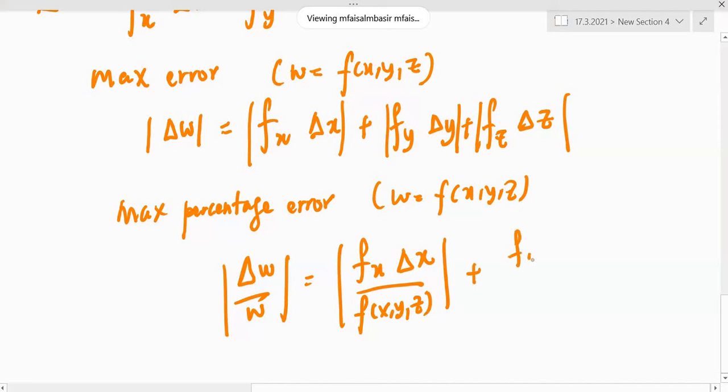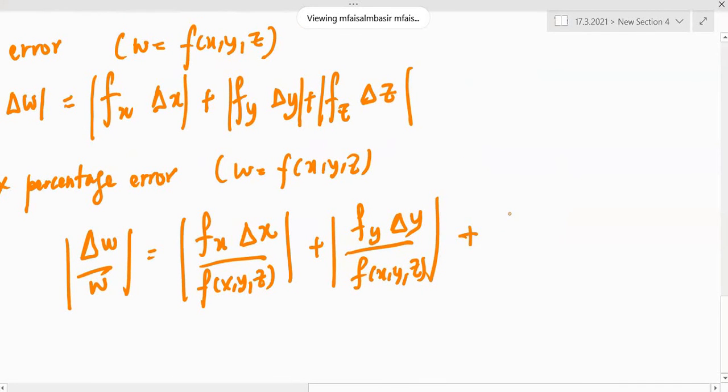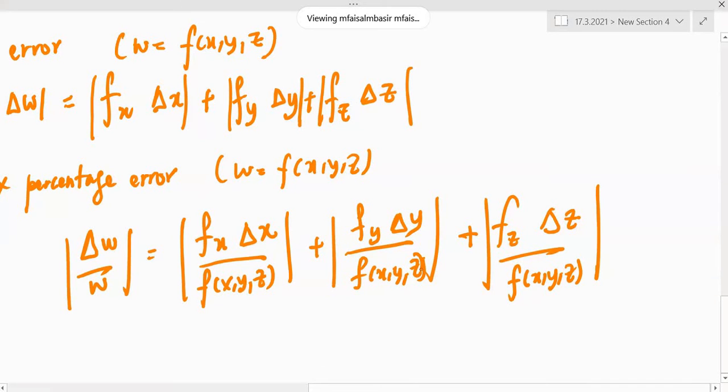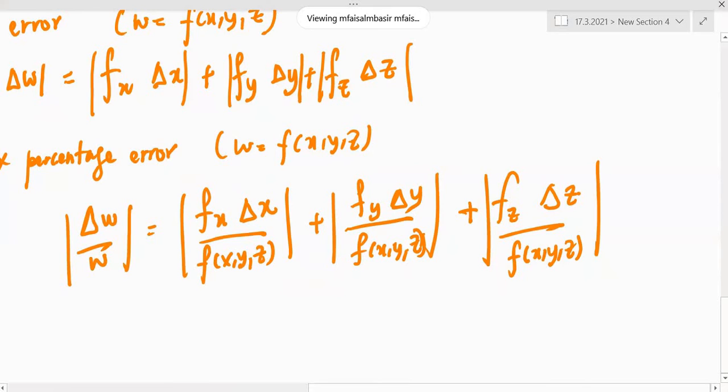Plus Fy. Then lastly, plus Fz delta Z over, same as W, okay? We can put W. So I think that is for error.